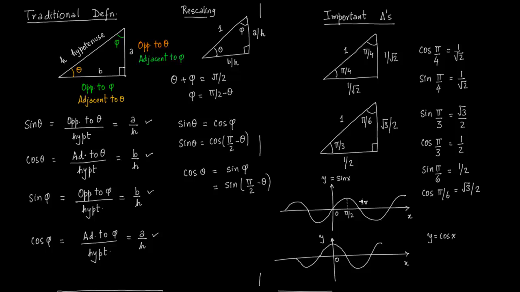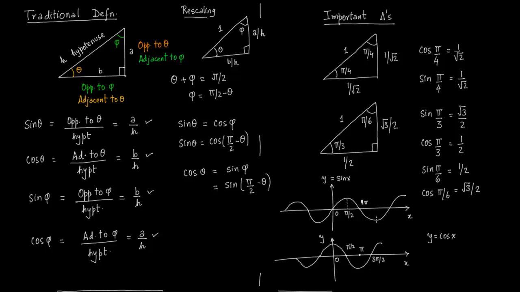So this I said before is just pi. So this is pi by 2 here, cos pi by 2 is 0. Then cos pi is here, cos pi is minus 1 and sin pi is 0. And then you come back to cosine of 2 pi, which is 1.